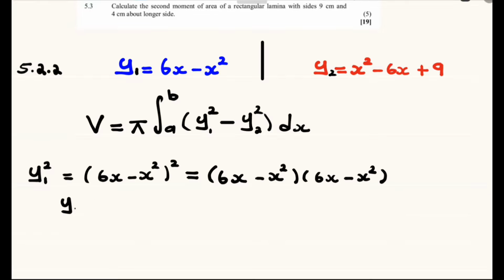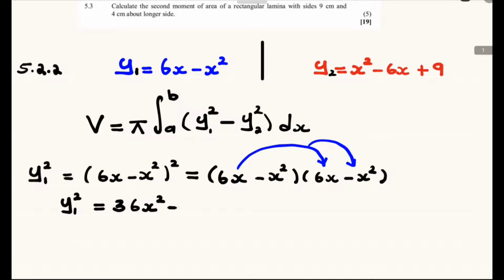So we distribute the 6x into the other parentheses. 6x multiplied by 6x will be equal to 36x squared. 6x multiplied by negative x squared will be negative 6x cubed.